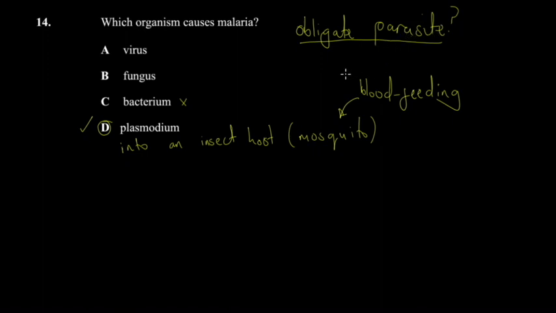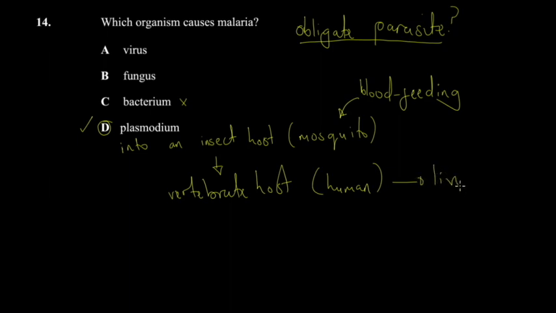Afterwards, it inserts itself into a vertebrate host, often in the liver. A vertebrate host can be what? It can be human. We have vertebrates, we have a backbone, and usually in the liver. So it doesn't get into the blood circulatory system right away. It actually goes into some other specific parts.